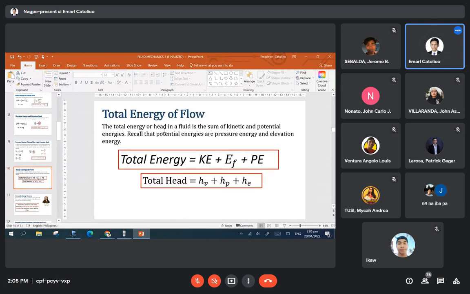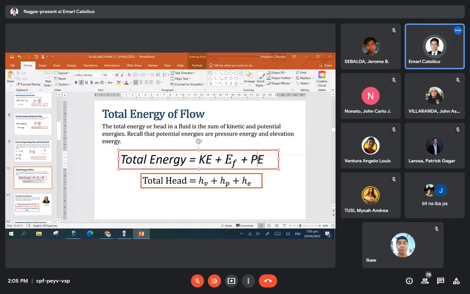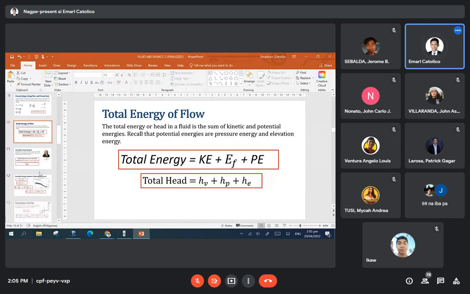Then total energy of flow, ito yung sum of kinetic and potential energy. Okay? So total energy of flow is equal to kinetic energy plus potential energy plus energy of flow, where total head natin is equal to velocity head plus pressure head plus elevation head. Okay.